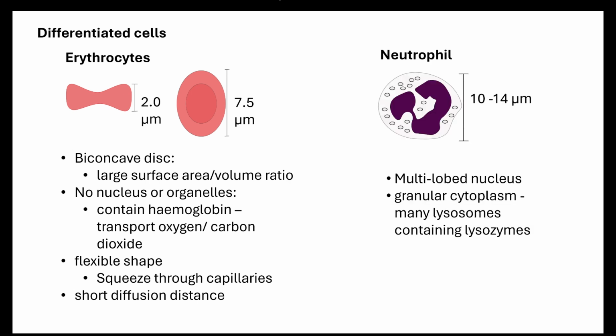Now, your neutrophils are another cell you need to know as an example of a differentiated cell. So a neutrophil is a type of white blood cell. We can tell a neutrophil is present by its multi-lobed nucleus, because it is going to be squeezing around, and because it makes lots of proteins, it has this multi-lobed nucleus.